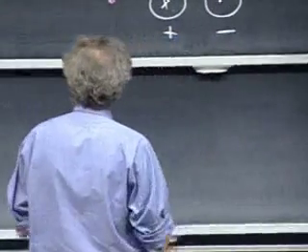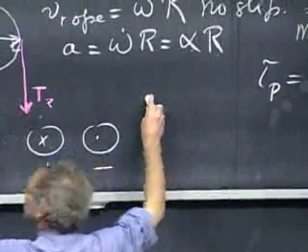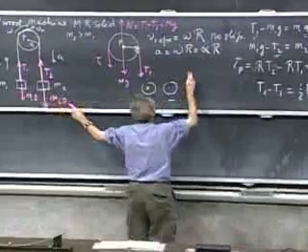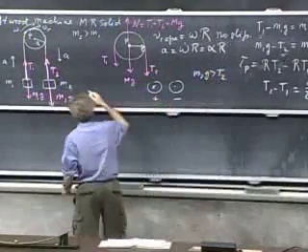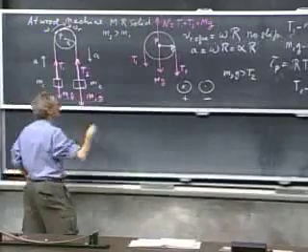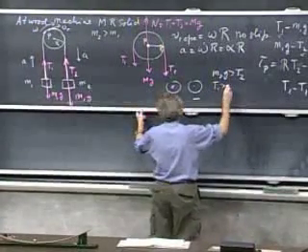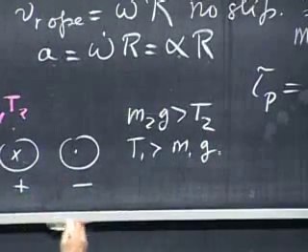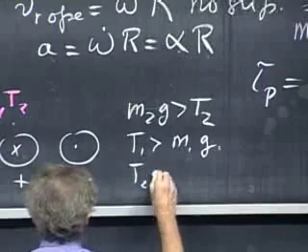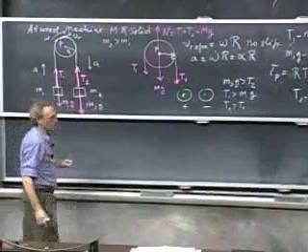You should make sure that m2g is larger than T2. That's a must, otherwise it's not being accelerated down. You should also check that T1 comes out larger than m1g. That's also a must. And you should also check that T2 is larger than T1, otherwise the pulley wouldn't rotate in clockwise direction.